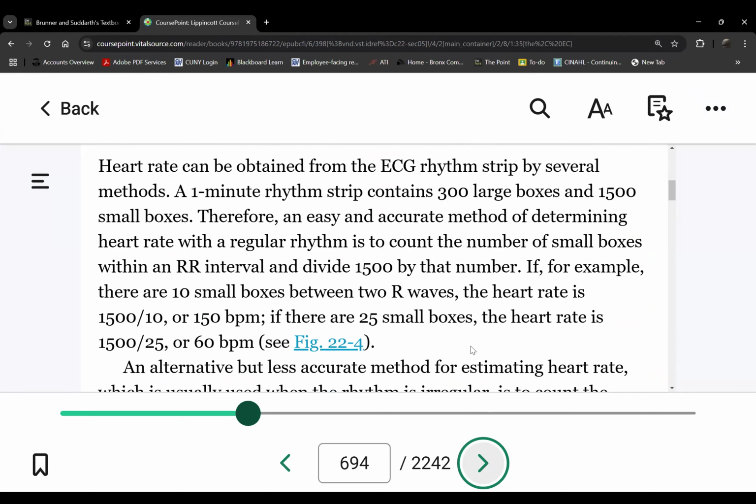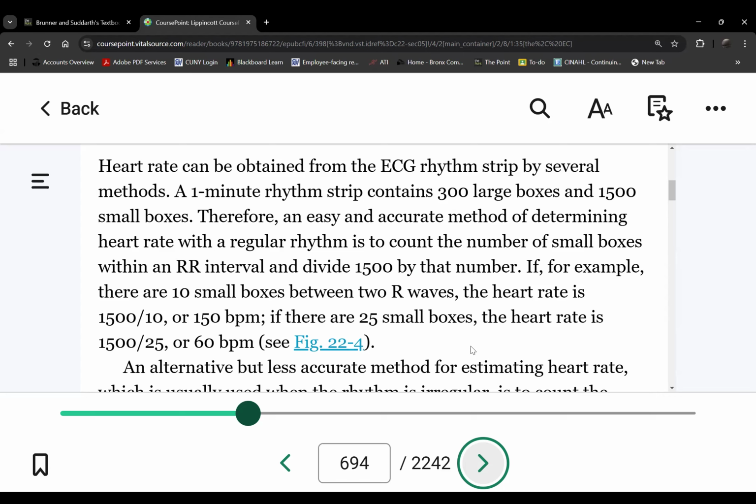It's hard, right? Because it'll be very long. A 6-second strip is about this long. So imagine how long a 60-second strip will be.